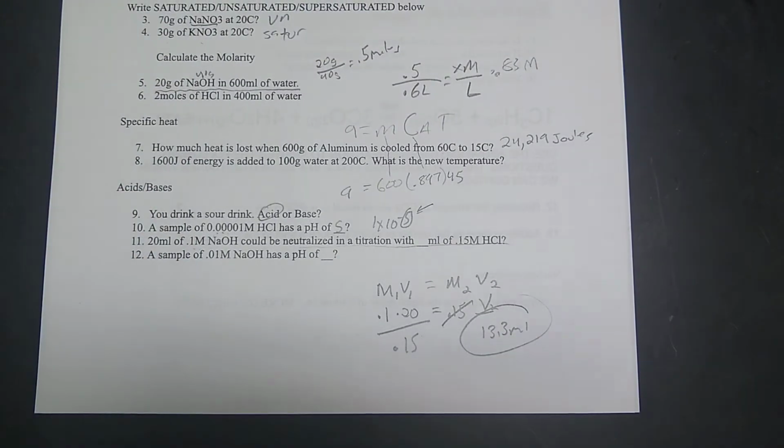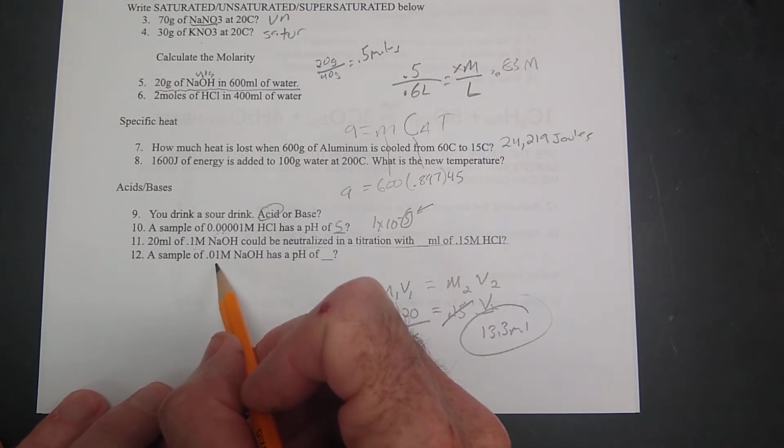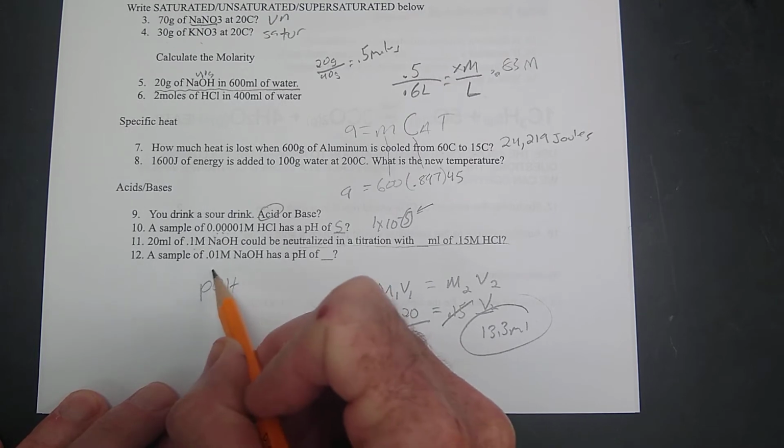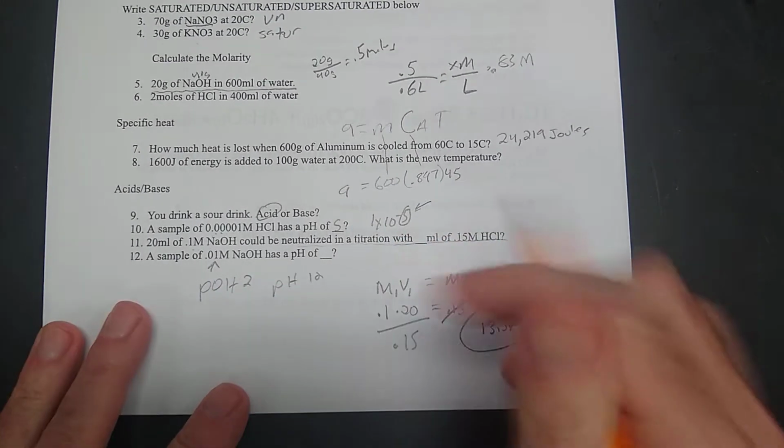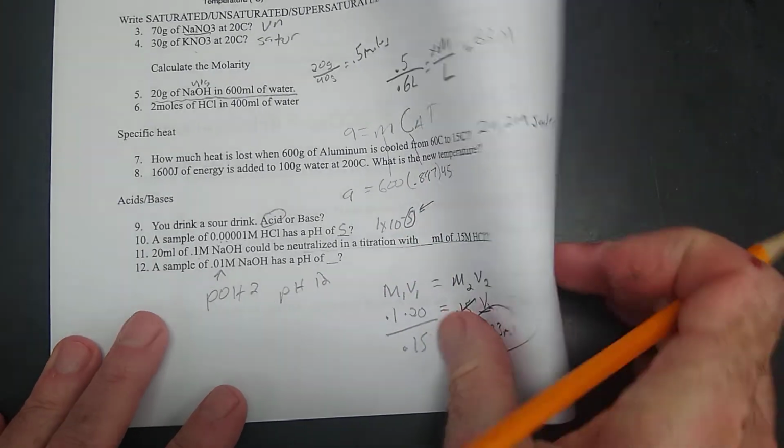All right. If you have a pOH of 2, then the pH is 12. All right.